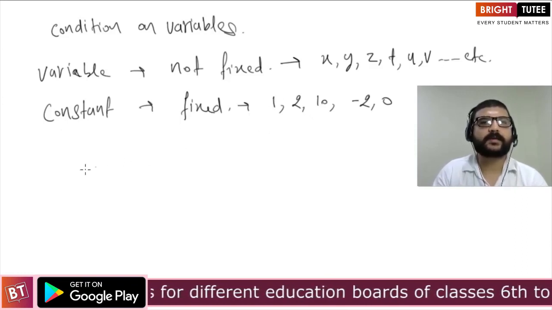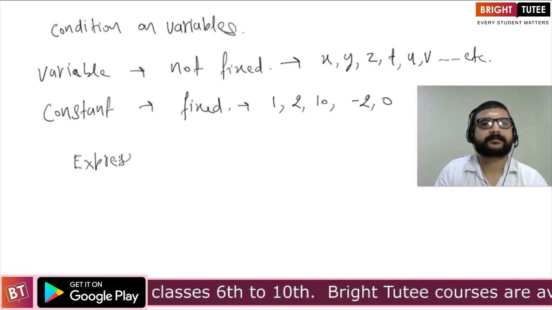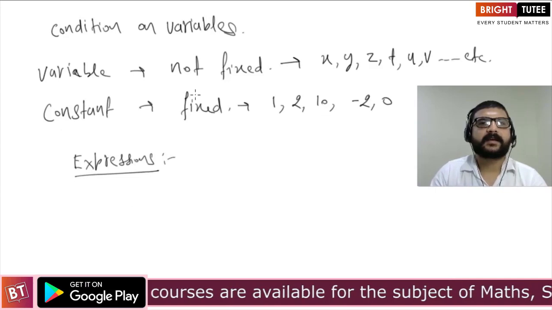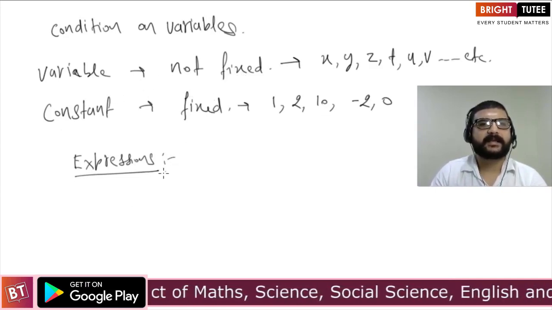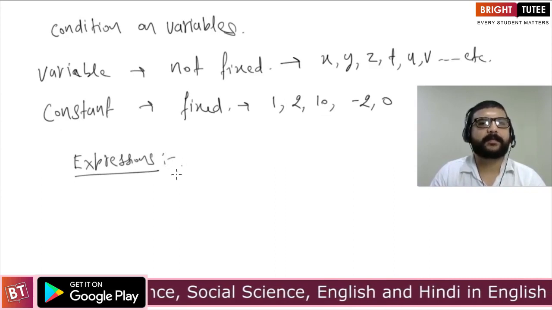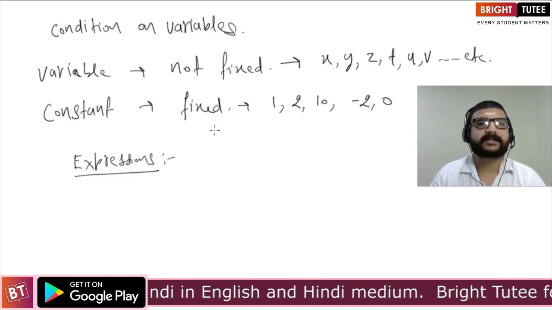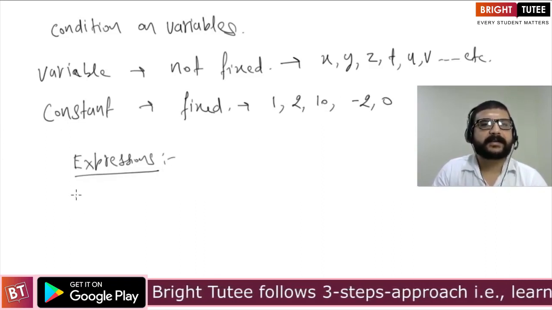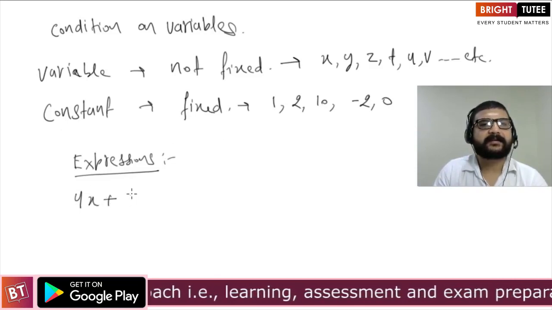Now let's try to understand what expressions are first. When we apply mathematical operations on variables, that is, operations like multiplication, addition, subtraction, division, an expression is formed. Let's see an example. Let's say we multiply 4 with x and we add 5 to it.